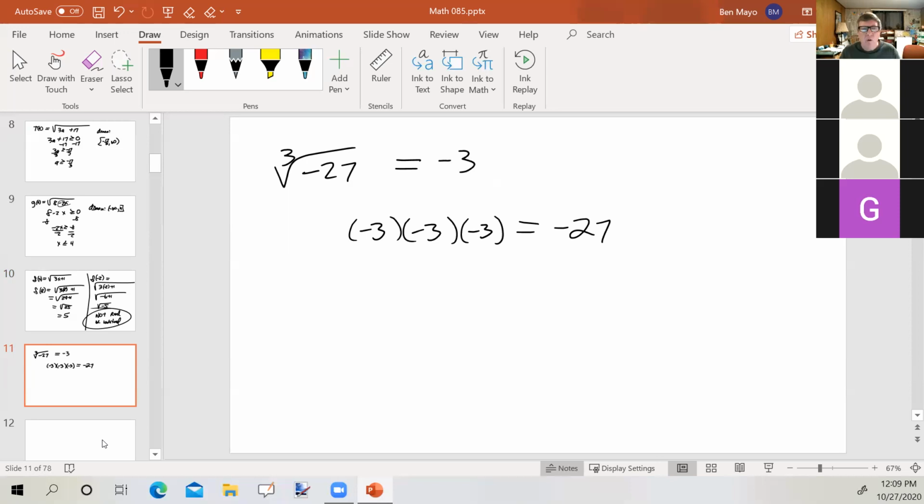Negative 3. Yes. Oh, wait, can we get a negative answer? Yes, we can if we're taking an odd root. Those restrictions I laid out at the beginning have to do with even roots. You can't take an even root of a negative number. You can't get a negative answer when you take an even root. But with an odd root, yes, you can. Okay? So the odds are all good.